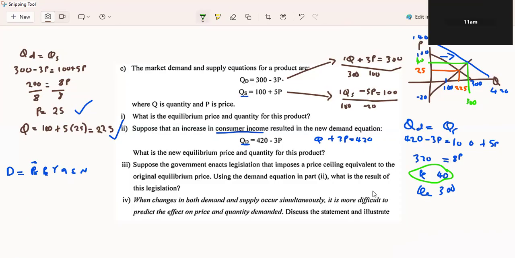So when you put the 40 here, 5 times 40 is what? 200. 200 plus 100 becomes 300. If you want, you can put the 40 here. 3 times 40 is 120. 120 from 420, you still get 300. So it's the equilibrium quantity.